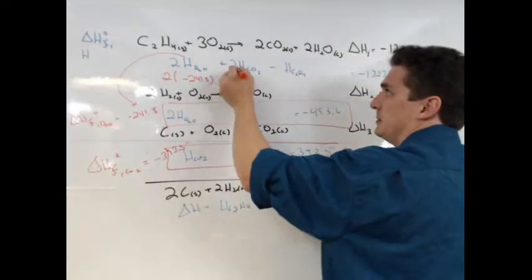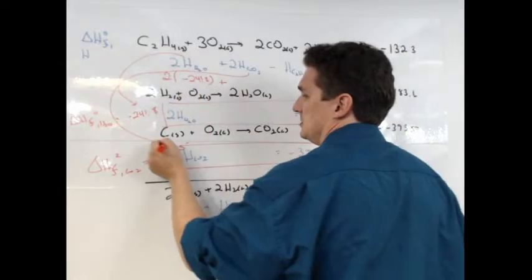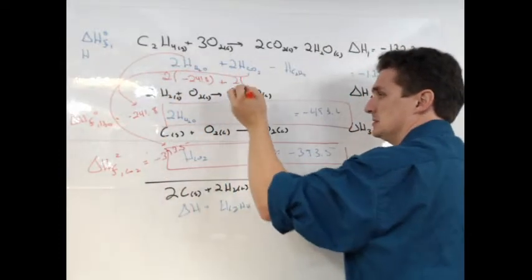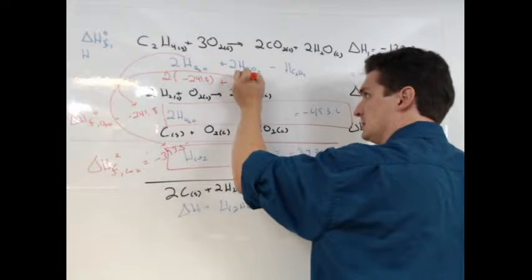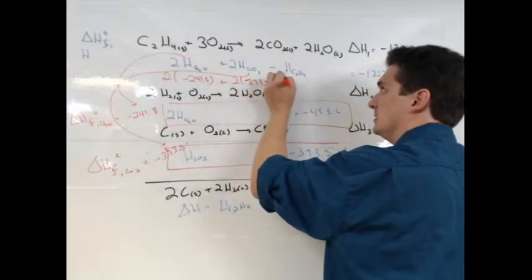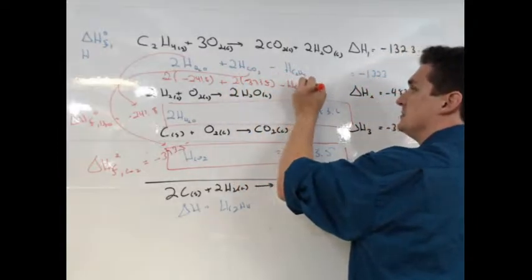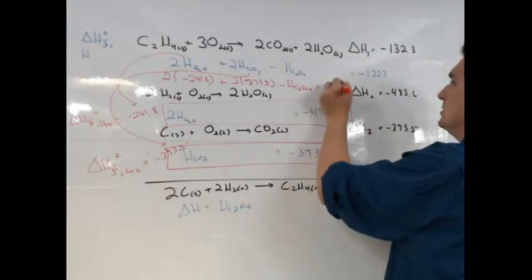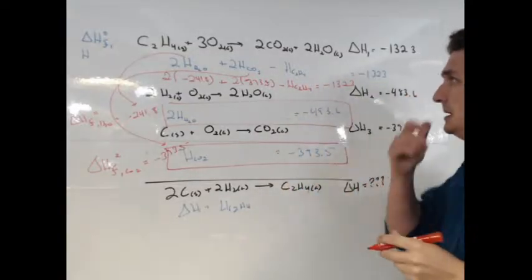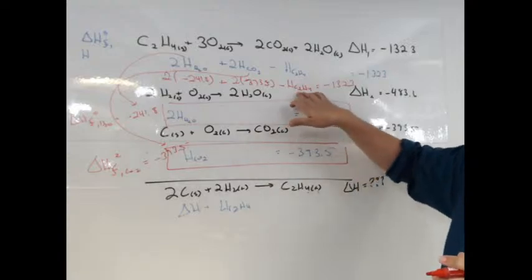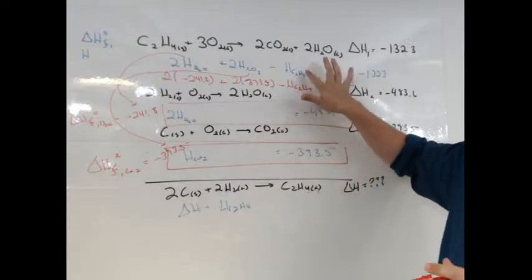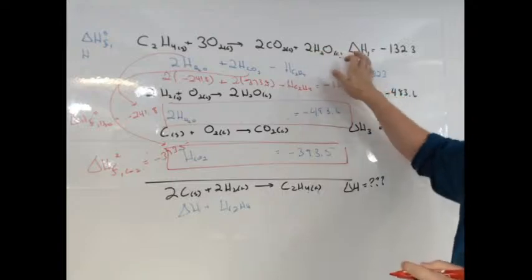Plus twice the heat of formation of CO2, which I get from there, minus the heat of formation of C2H4, which I don't know, equals minus 1,323. So in order to find the heat of formation of C2H4, all I have to do is move this number over.